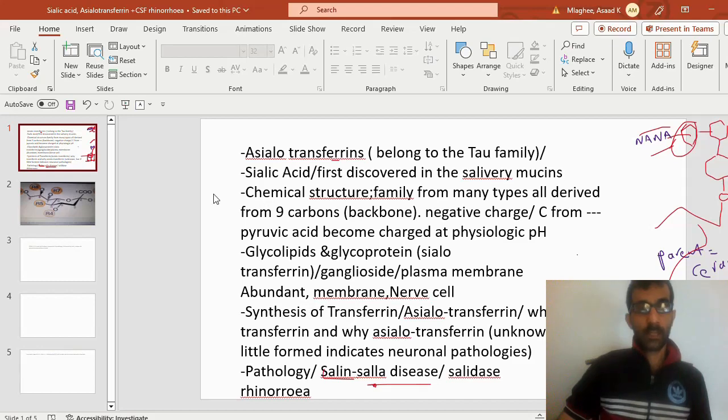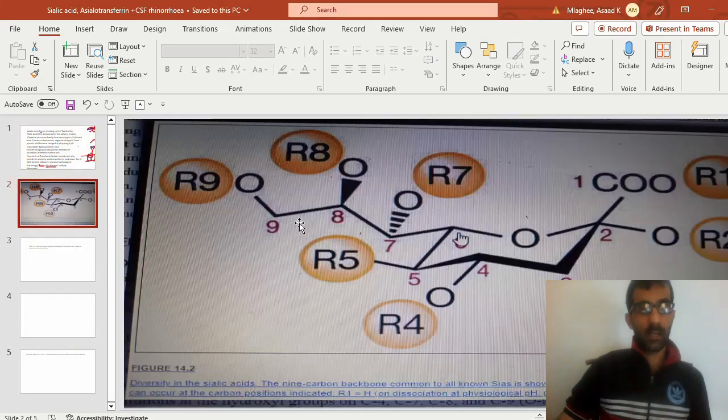The chemical structure of sialic acid: all the family members derive from a backbone that contains 9 carbons. The first 3 carbons represent pyruvate, and we know pyruvate contains a carboxylic acid.